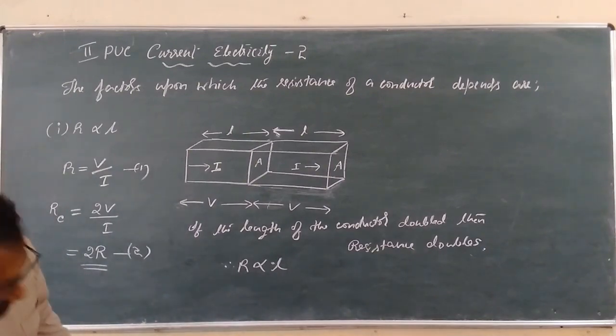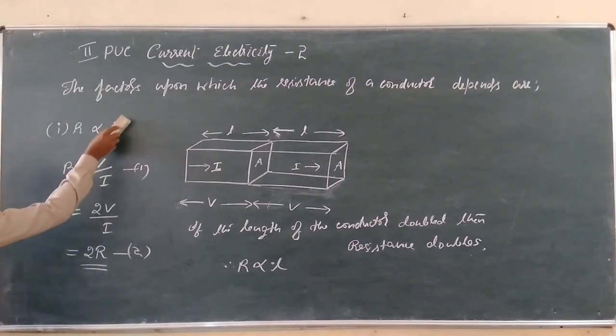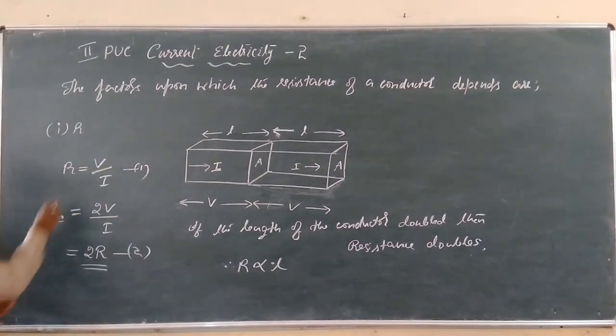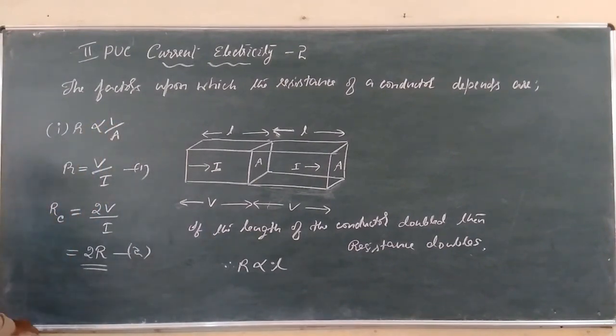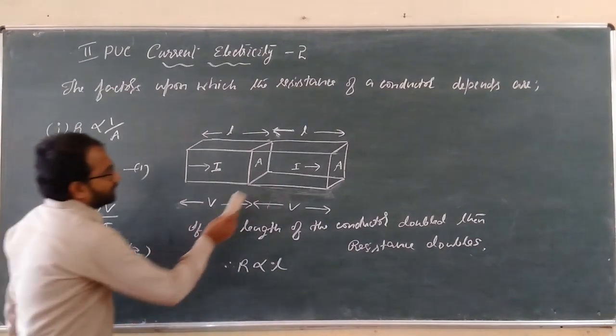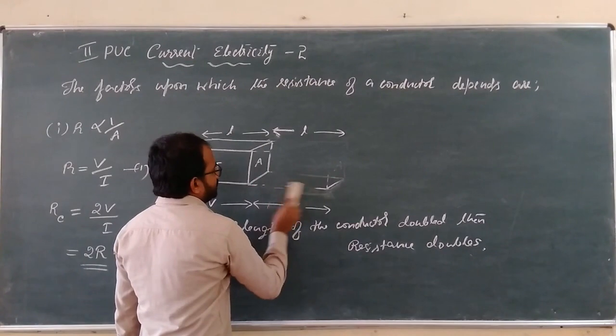Right, so that is about the resistance related to the length of the conductor. Now we talk about the area of cross section. As I told, the resistance of the conductor is inversely proportional to the area of cross section, right? So consider the conductor in the form of a rectangular slab.